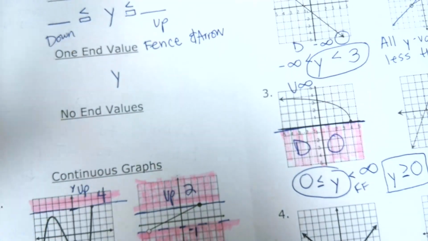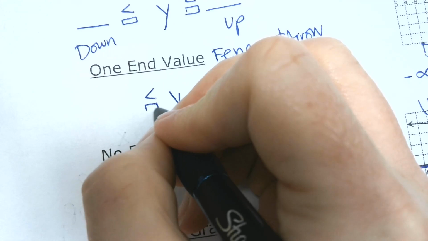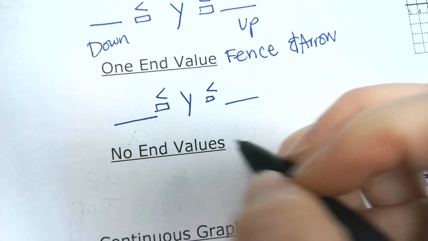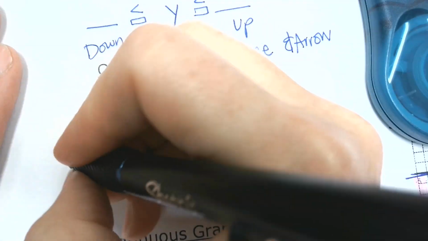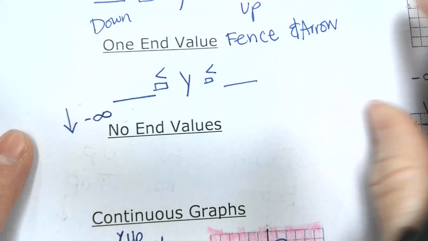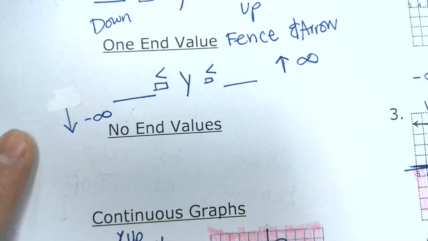Fence and arrow. It's going to look like this. We should actually do down first. If it has the arrow going down, we have negative infinity on the left side. If it has arrow going up, we have positive infinity on the right side.